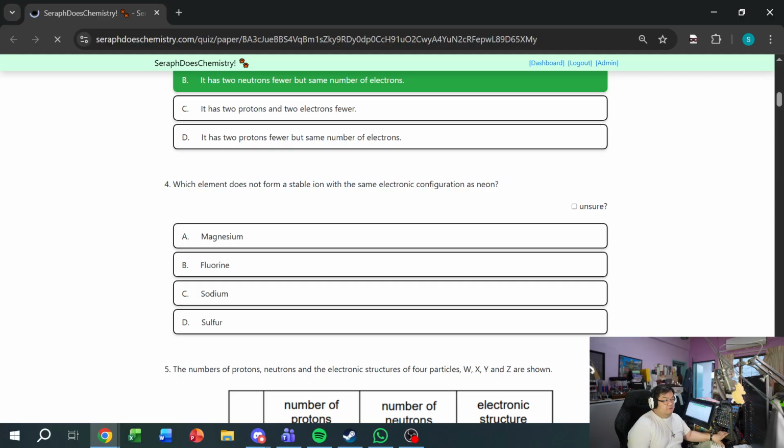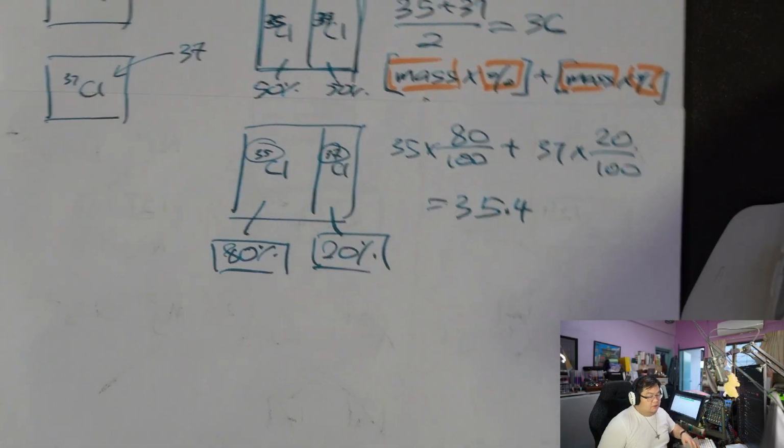Electronic configuration. So magnesium, what's the electronic configuration?